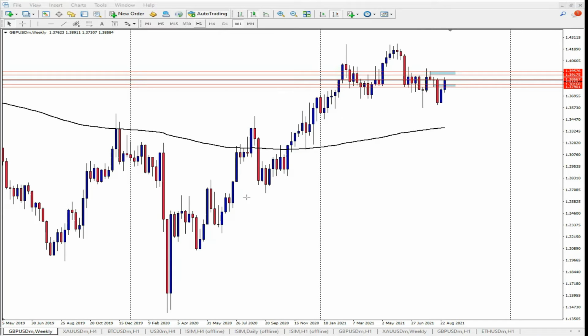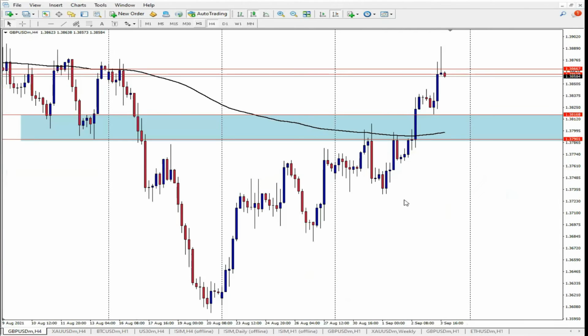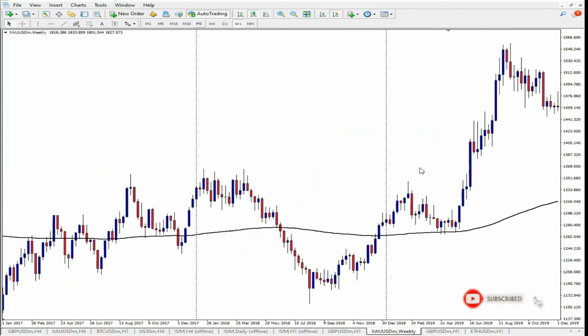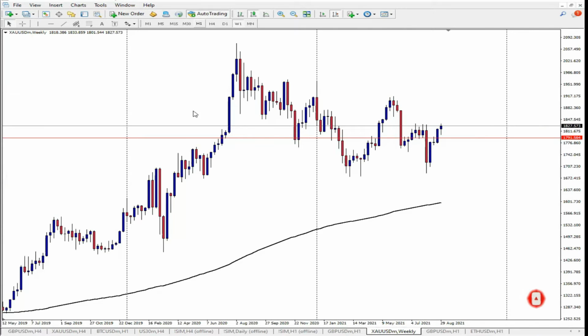So let's quickly take a look at another pair, which is gold. So this is gold on the weekly. Gold also looks a bit bullish.